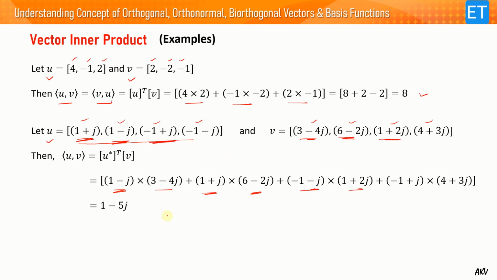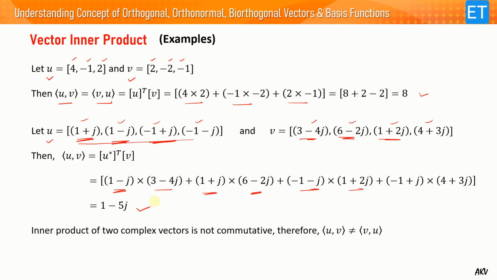By solving this, we get 1 minus 5j. So that is the treatment for complex vectors. Obviously, as I have already said, for complex vectors, the uv inner product is not equal to vu. In fact, it is equal to vu star, meaning the complex conjugate of the total outcome.